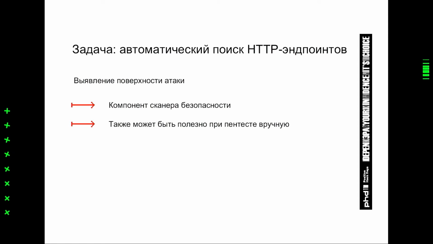We want the scanner to work in automated mode without the toil, and it also is very helpful for manual pen testing if the scope is too large or we don't have enough time. So we're going to mine this information from web pages.